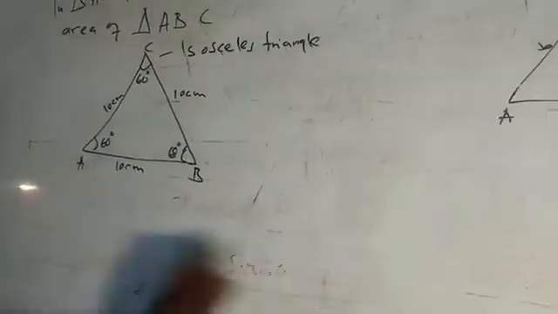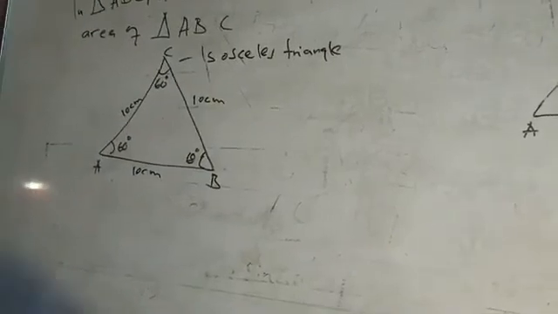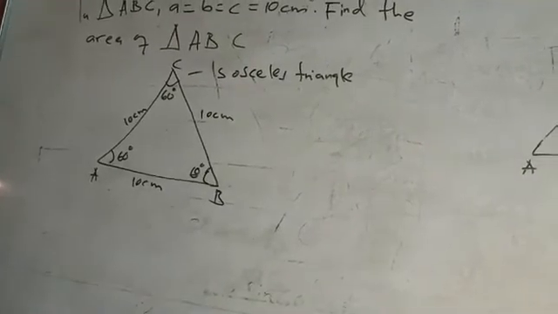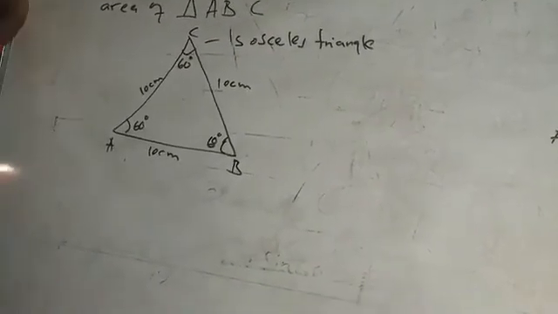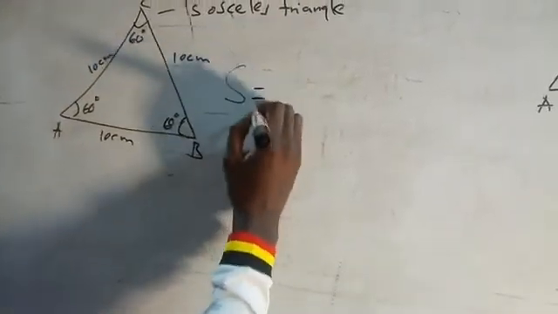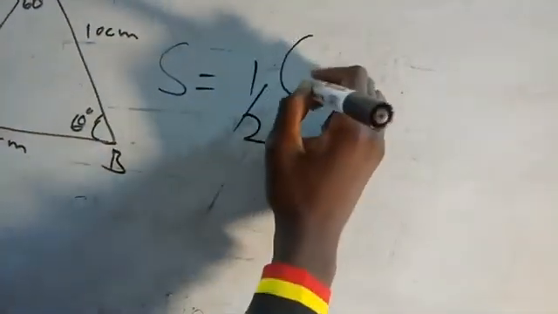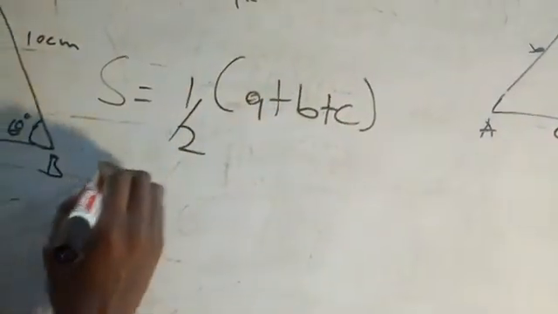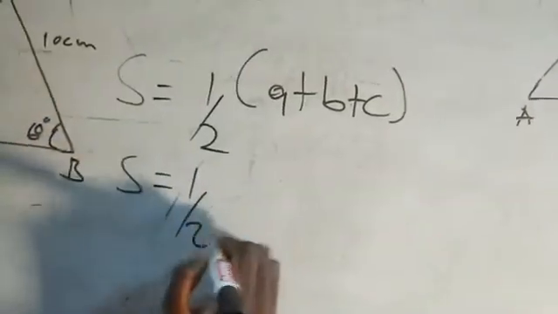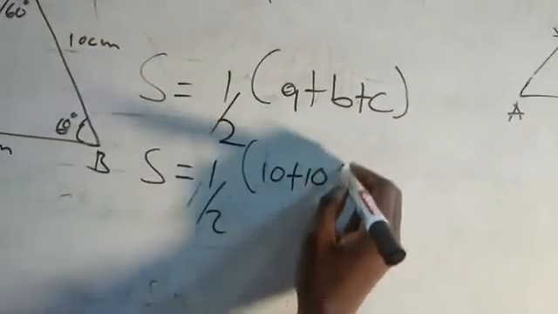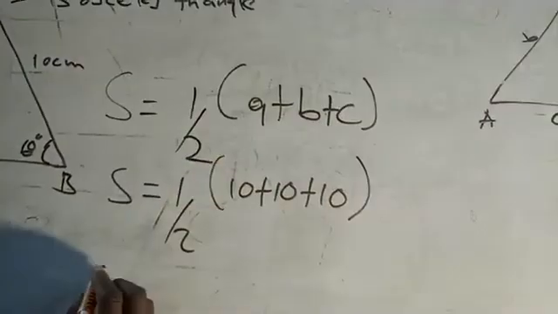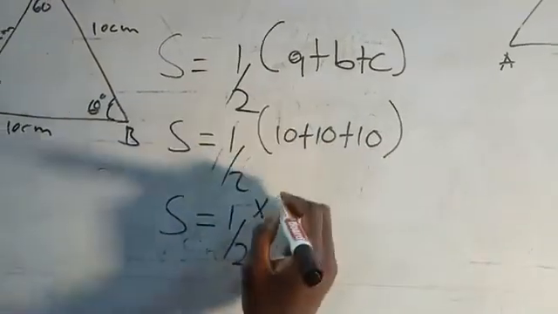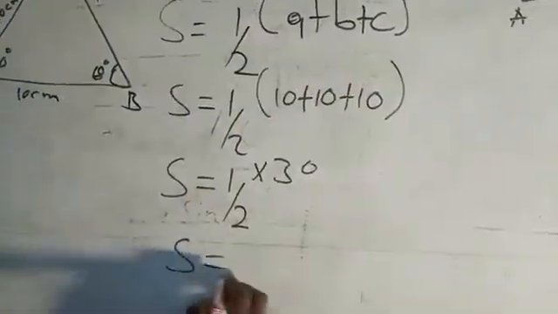We are not going to change anything. So let's start by finding the value of S, which is S equals a half into brackets A plus B plus C, becoming a half into brackets 10 plus 10 plus 10, becoming a half times 30, S becoming 15.